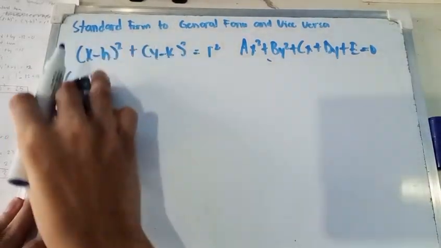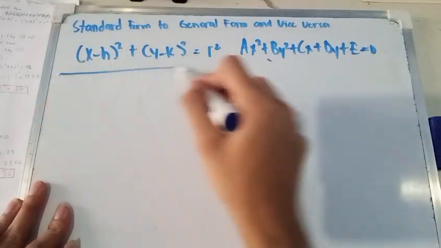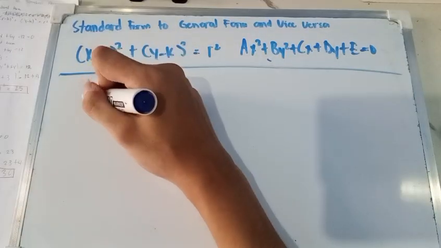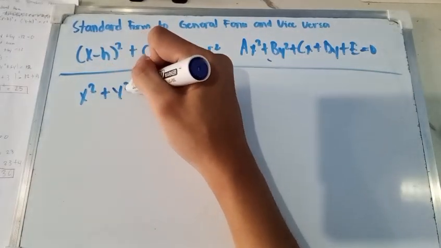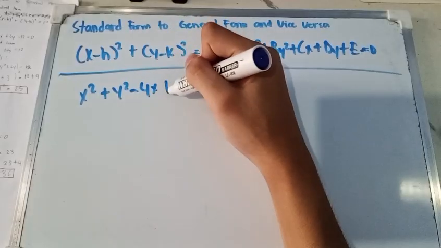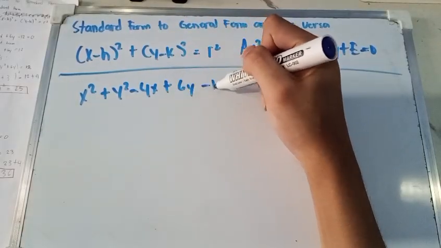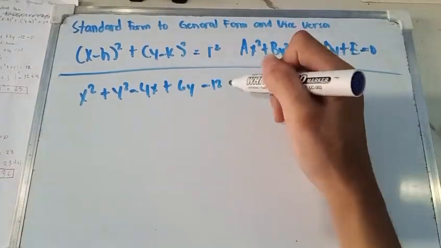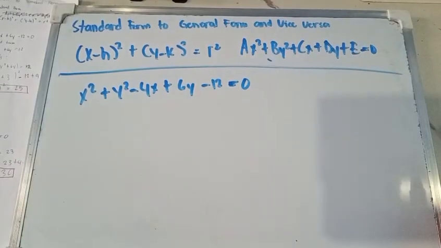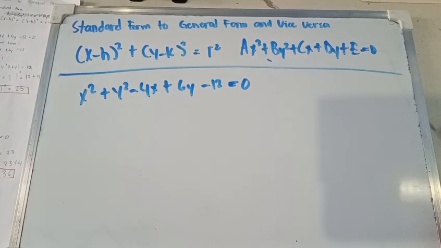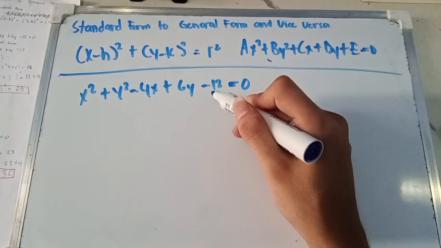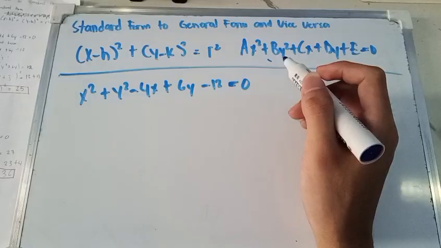Okay, so let's say we have x squared plus y squared minus 4x plus 6y minus 12 equal to 0. Okay, so that is very important, that equal to 0. First thing that we need to do in order to convert it to standard form is to transpose negative 12 to the right side.